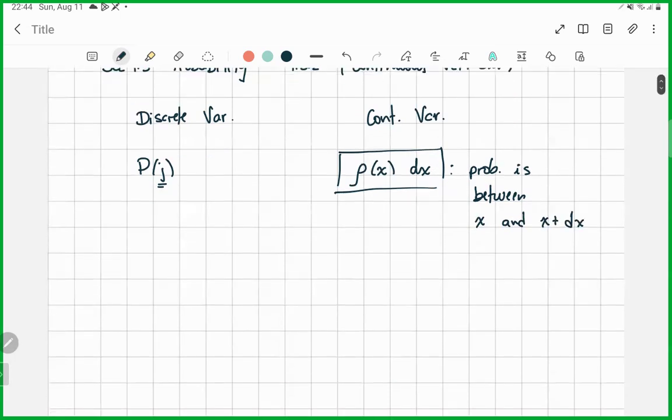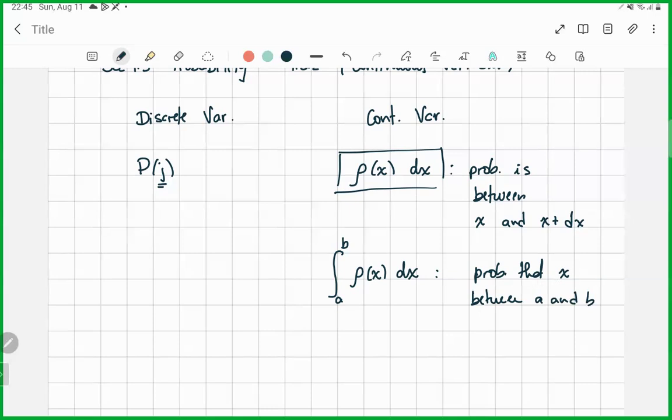If we think about a finite range, which is usually what we compute, we compute the probability with this integral. So the probability that this quantity x lies between a and b is obtained with this integral. Okay, so this is the probability that the variable x lies between a and b, in this range.